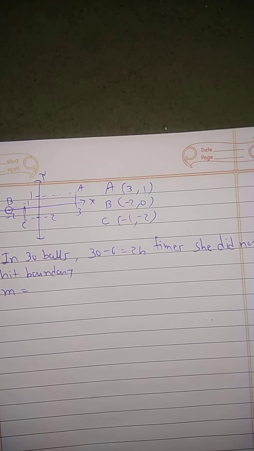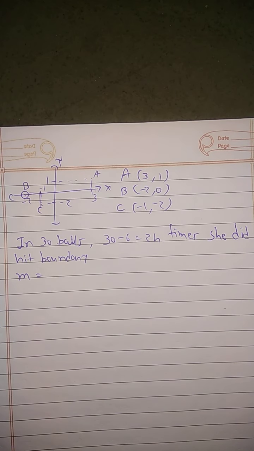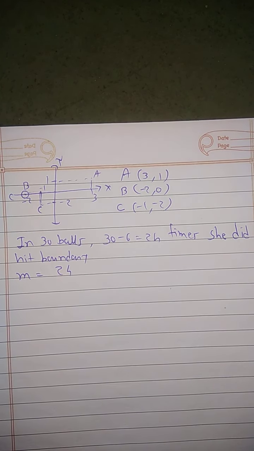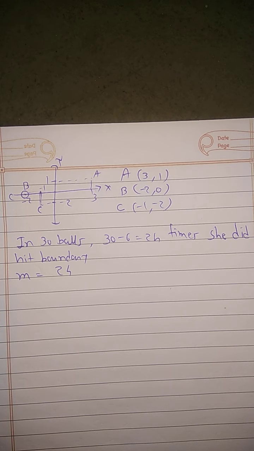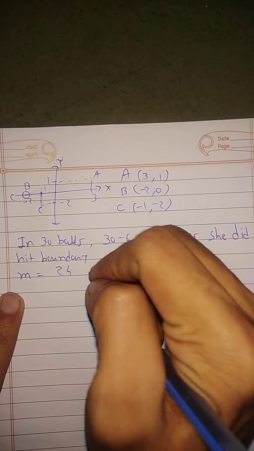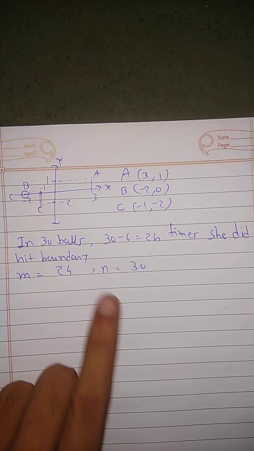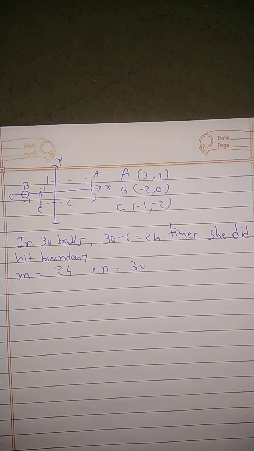So our favorable outcomes, M, is 24, because 24 times she did not hit a boundary. And total outcomes, total 30 balls we have, is represented by N, 30.